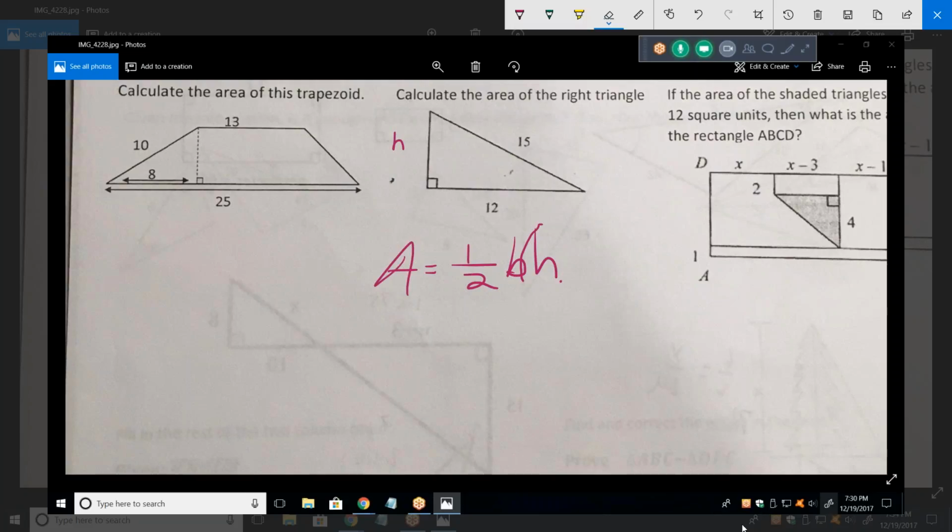So we have to figure out H. Most geometry problems are this way. There's very few geometry problems where you solve them in one step. You have to solve something else first. Just like on this trapezoid, we had to solve for that before we could go further. We have to do the same thing here. Recognize this triangle.